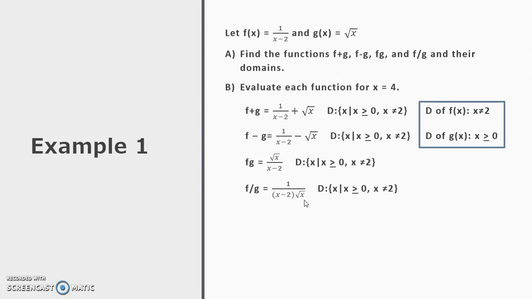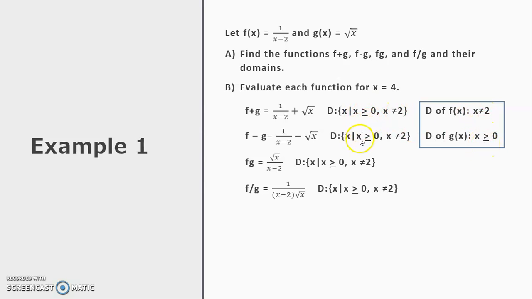Now, let's talk about their domains. I noted over here that the domain of f of x is that x can't be 2, because that would make the denominator 0. And I also noted that g of x has to have an x that's greater than or equal to 0. Because it's a square root, you can't do the square root of a negative, but you can do the square root of a 0. So all I need to do for all of my domains is I just combine these two things together.